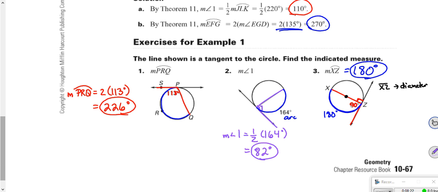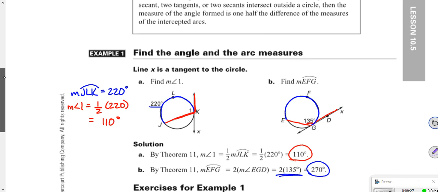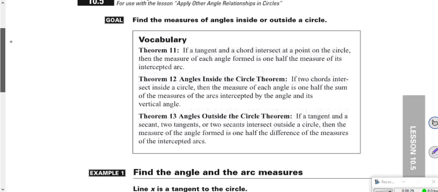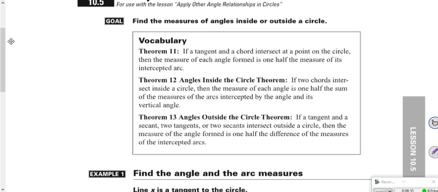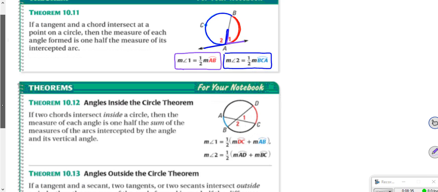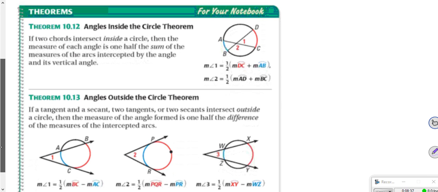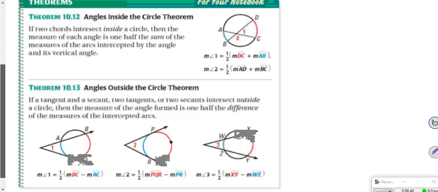All right, that pretty much takes care of Theorem 11. That was the first theorem on our study guide. Now, let's look at 12 and 13, and let me go back to that second page I added here. So 12 and 13, let's look at those two. Here they are.